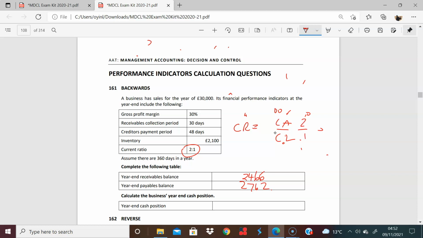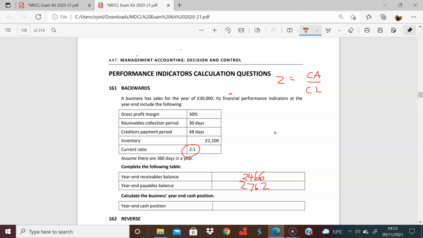So in effect, you have a scenario where 2 is equal to current assets over current liabilities. I know that current liabilities are 27.